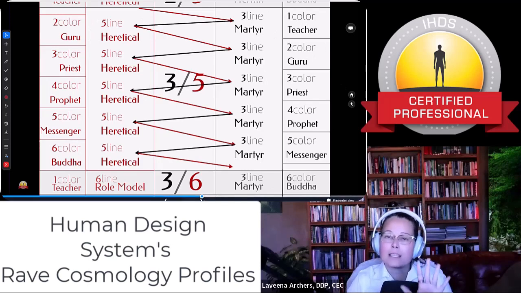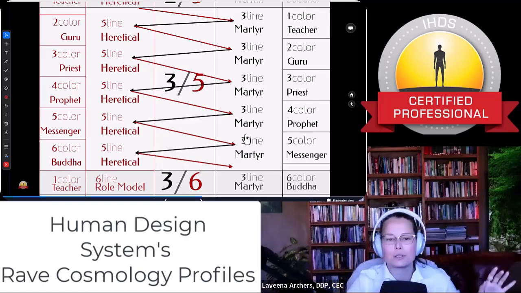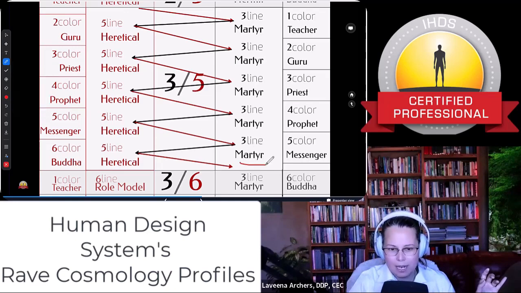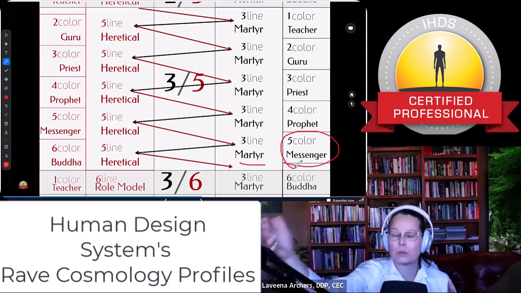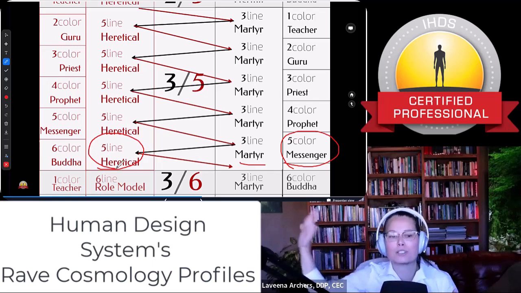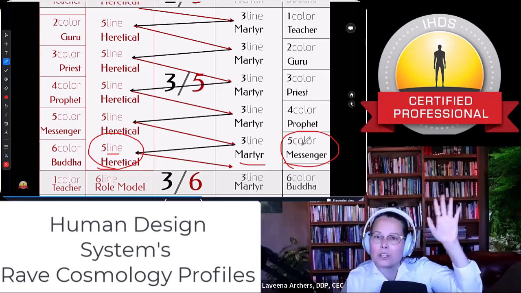So everything inside of this resonance principle, your mind resonating to, let's take a different example. If we've got a 3rd line martyr with a 5th color messenger, whenever that person meets another person who has a 5, this person as 3 5 will resonate with that person's 5 because they have it on the line side, the body side, and on the mind side, the line will start to vibrate.